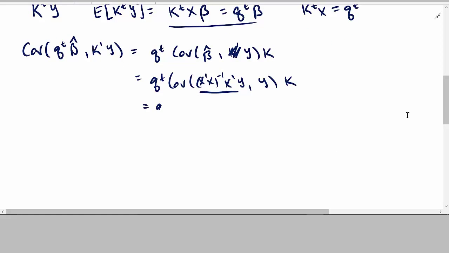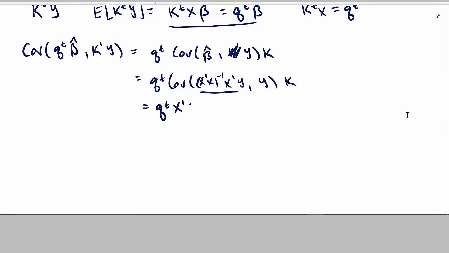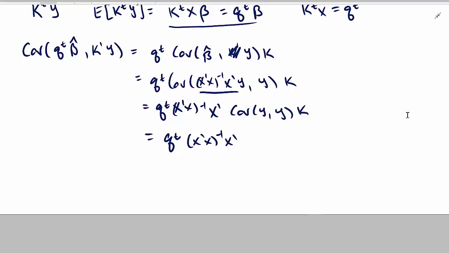So this is Q transpose times X transpose X inverse X transpose, then the covariance of Y with itself, times K. The covariance of Y with itself is just the variance of Y. We're assuming that's I sigma squared, so I'm just going to put that as K times sigma squared.